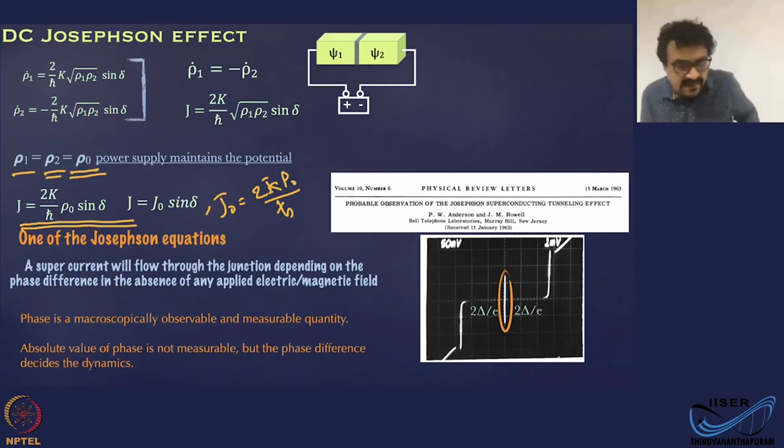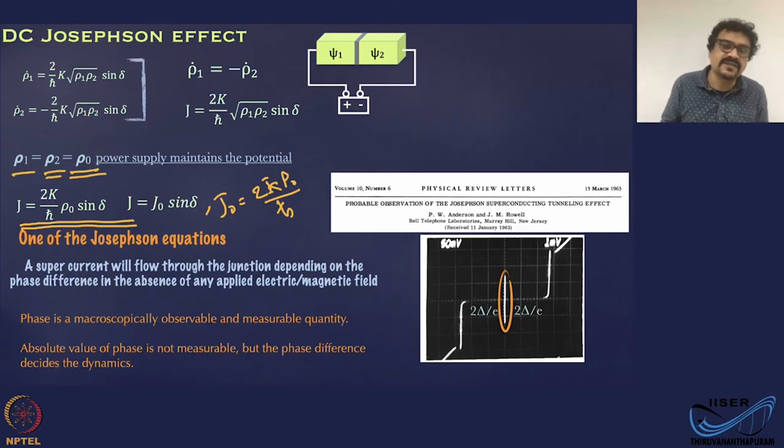But now we have a very interesting situation here. A Cooper pair current, or supercurrent, will flow through the junction, depending on the phase difference, in the absence of any applied electric or magnetic field.